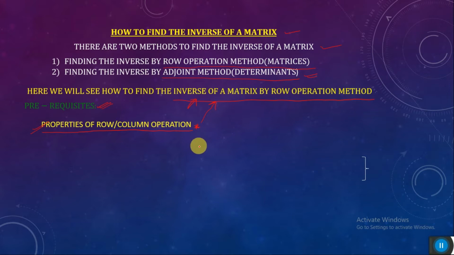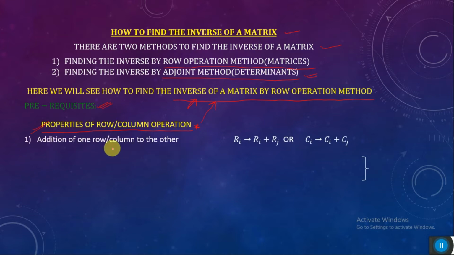The properties you better write down, and I will explain each property by using an example. So first is addition of one row or column to the other. If you are doing column operation, you will be using operations where columns are involved, and if you are using row operation, then you will use operations where rows are involved.